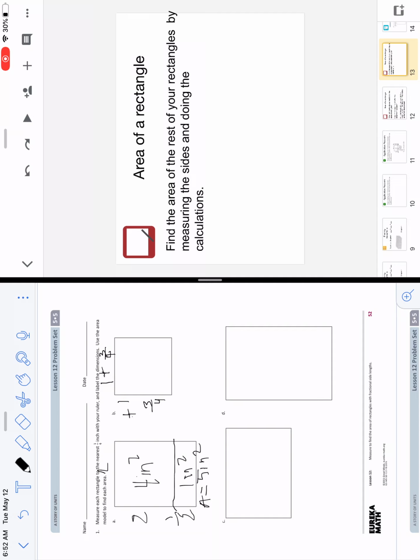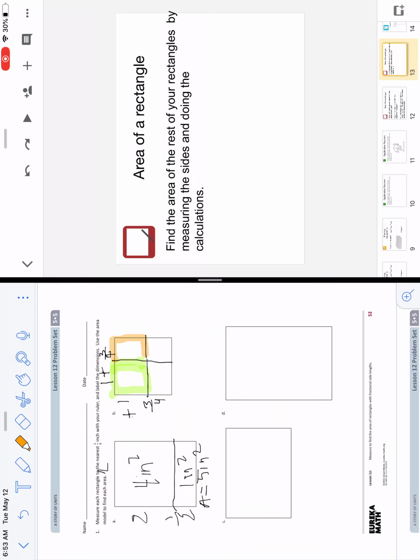and I want you to calculate the area of this square. What is the area of this square? And remember, you're going to have the area of 4 different parts added together.